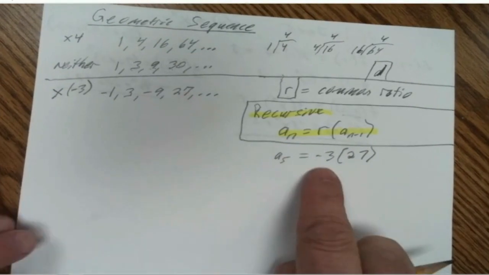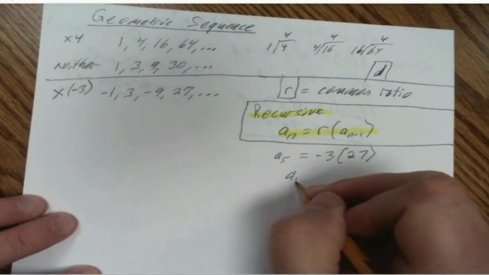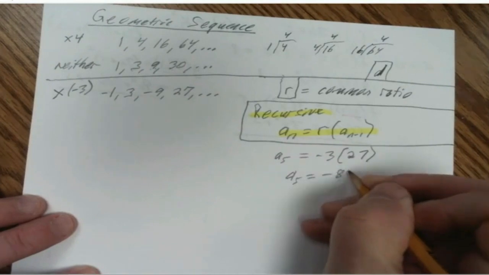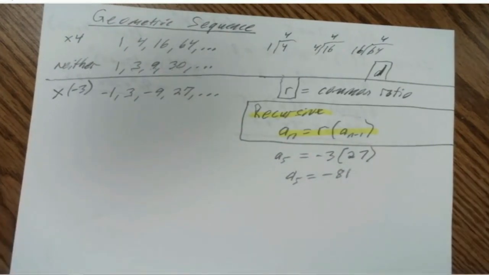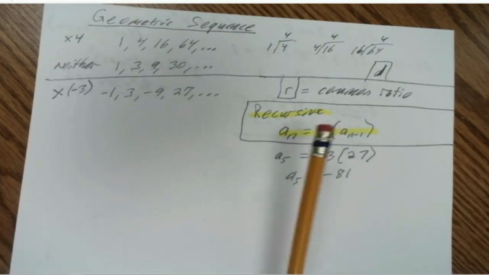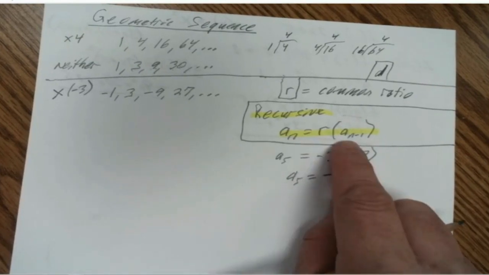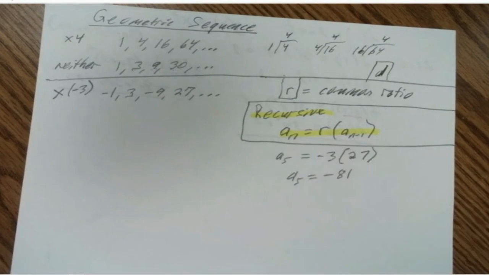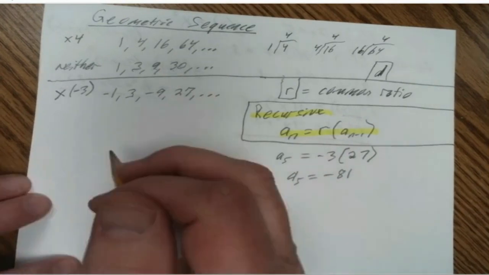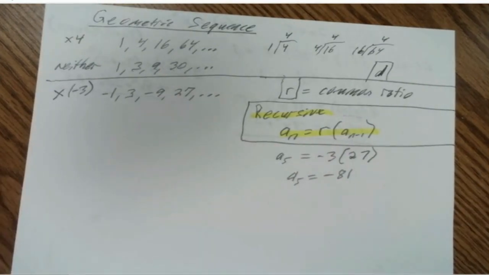Just multiply it by the common ratio. So a sub 5 equals -81. That again is the recursive formula. Just like we had a recursive formula in arithmetic, where as long as you know the one before it, you just add the common difference. This one, you just multiply the common ratio. So that leads us to say, wait, okay, what did you minus 1 from? The n.